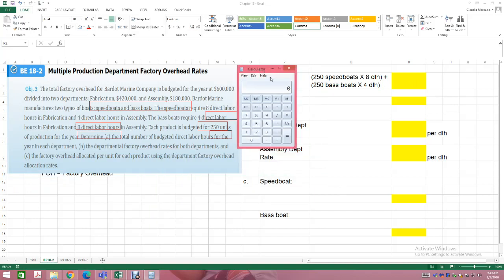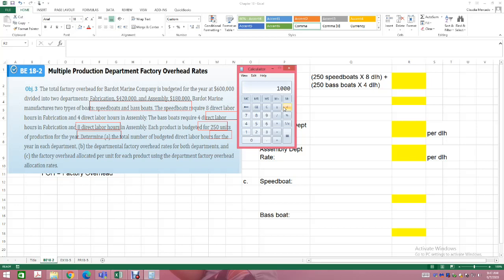So 250 speedboats times 8 hours to make each speedboat, that's going to be 2,000 hours. So I'm going to write that down. And then for my bass boats, it's 250 bass boats that I'm producing, and in the fabrication department, it's 4 direct labor hours that it takes. So that's 1,000 hours.